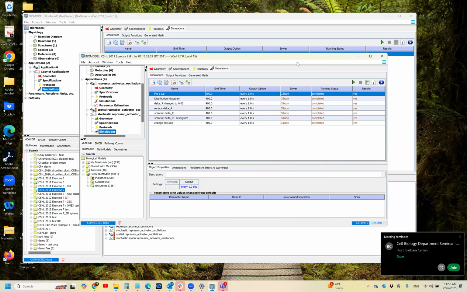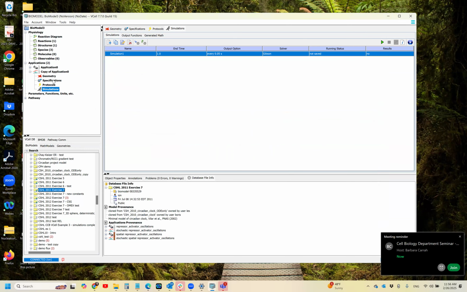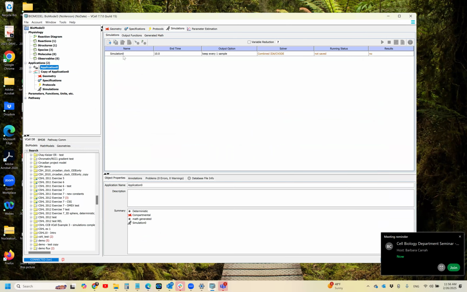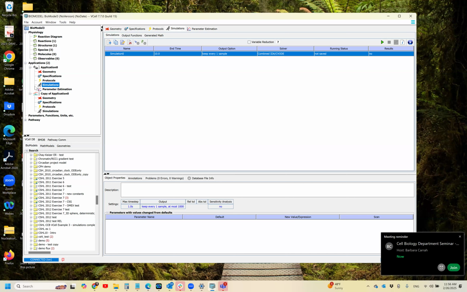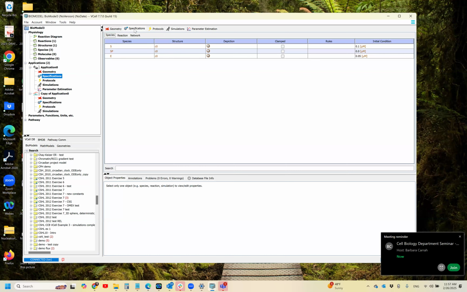And the last part, which I'm only going to take a minute on, let's go back to this model, is that sometimes you will need during modeling to introduce changes that occur during the course of the simulation.